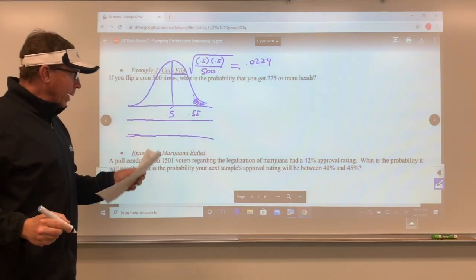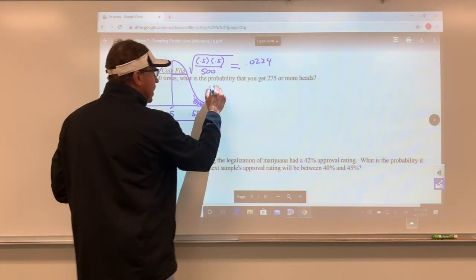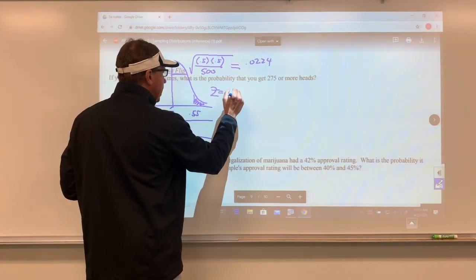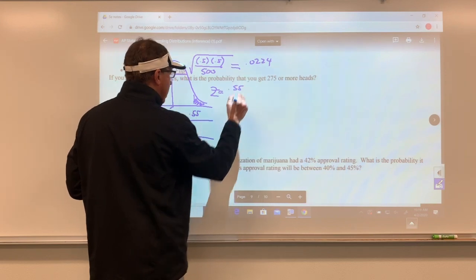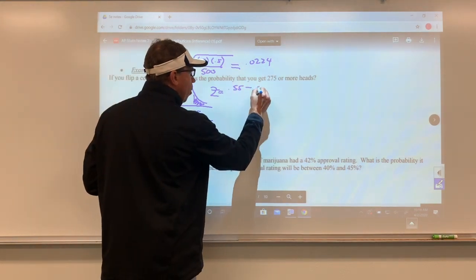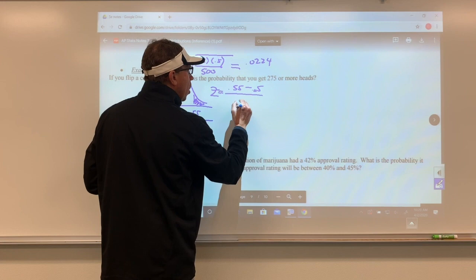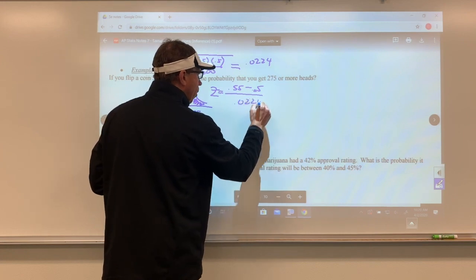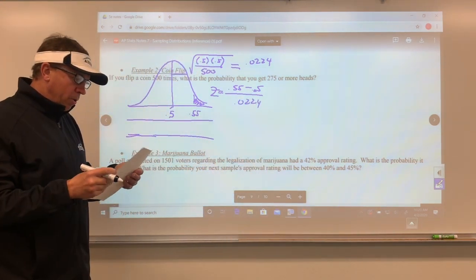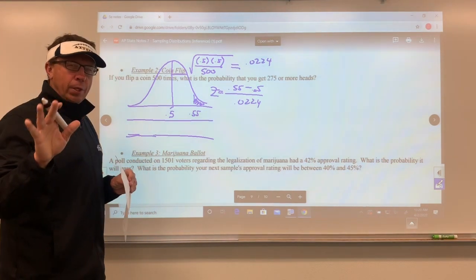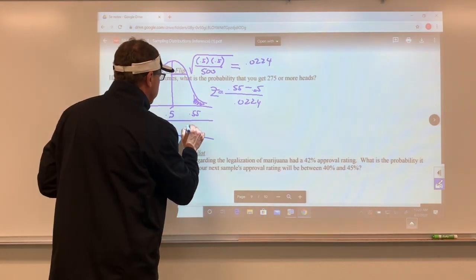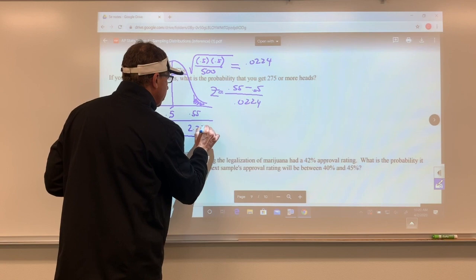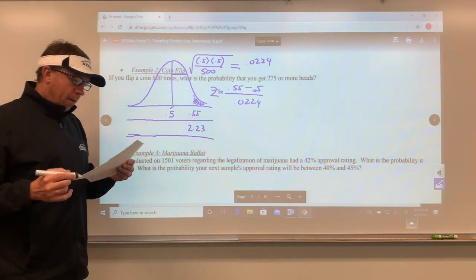All right, now I'm going to get my z-score. My z-score is going to be 0.55 minus 0.5 over 0.0224. And when you calculate that, you get about 2.23. So the z-score is 2.23.